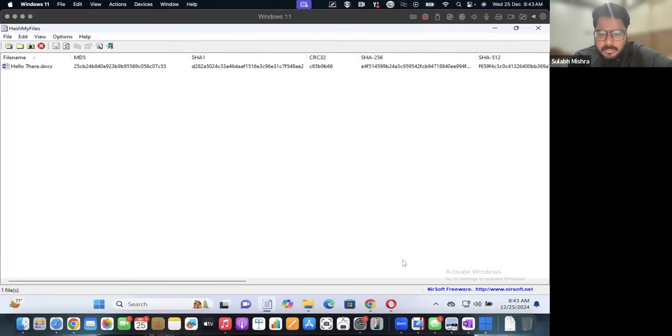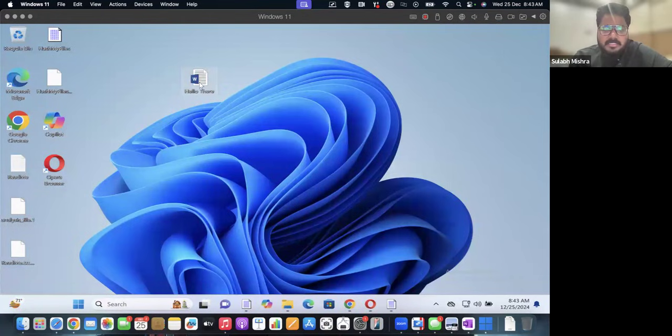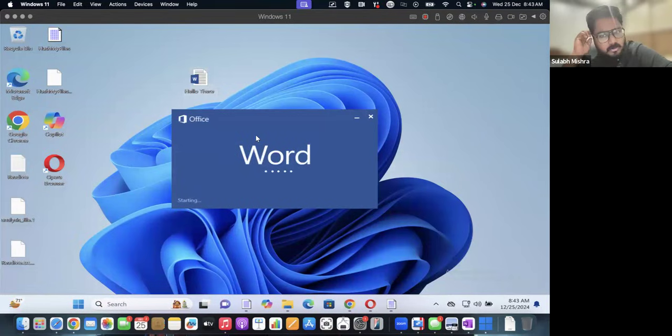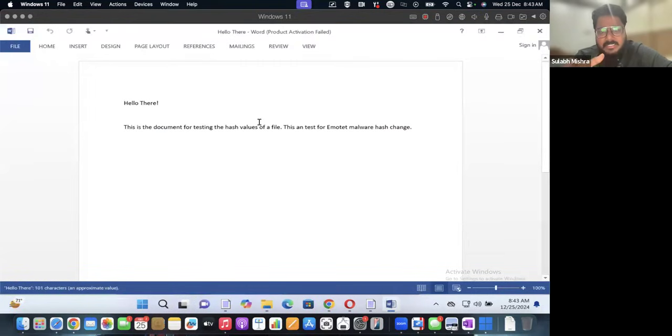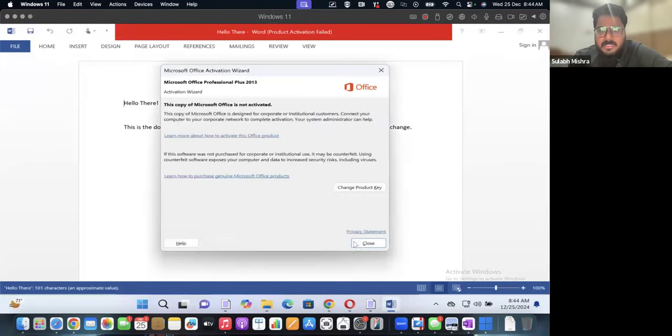Now let's go to that document and make some little changes. I'm showing you a Word file because we can change it, but imagine it as an exe file.